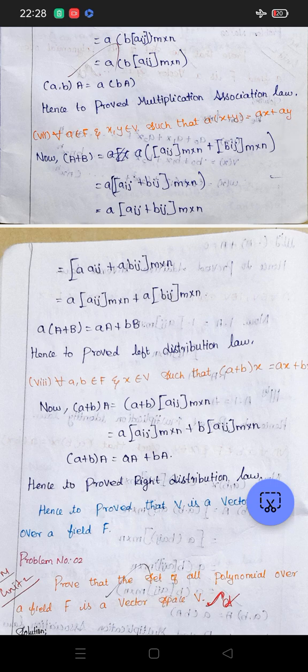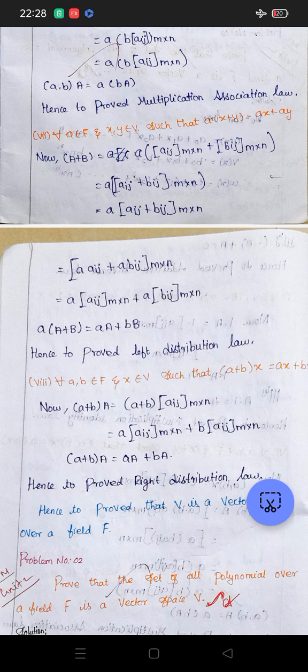is, for a belongs to F and x, y belongs to V, such that a of (x plus y) is equal to ax plus ay. This is the seventh condition. The seventh condition says a of (A plus B) is equal to small a of A plus small a of B. So here small a of (A plus B) is equal to small a of (aij of m cross n plus bij of m cross n). We can take outside the sum aij plus bij of m cross n. So adding these two matrices, you can write a of (aij plus bij) of m cross n.